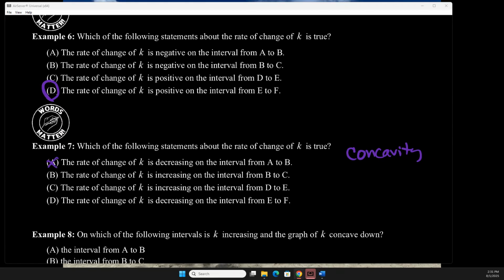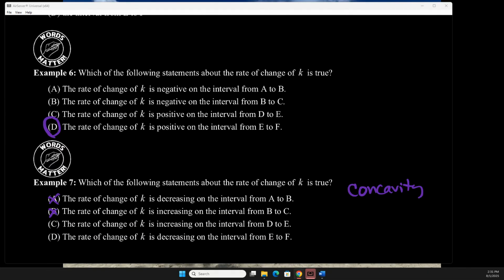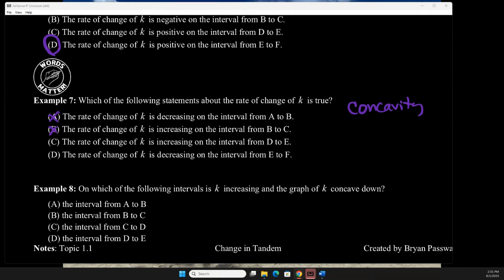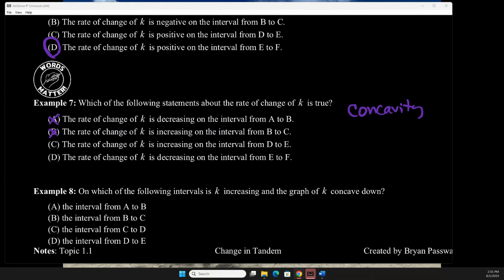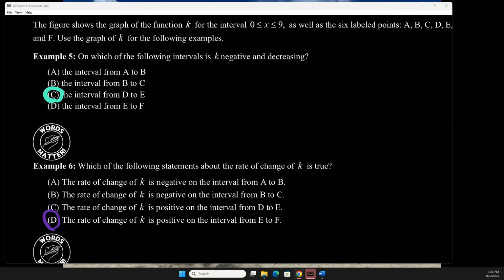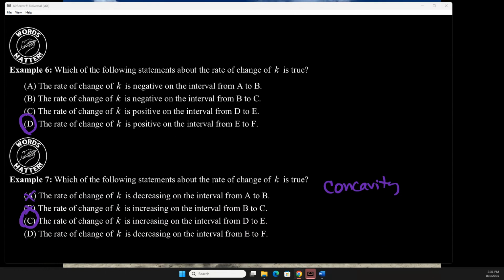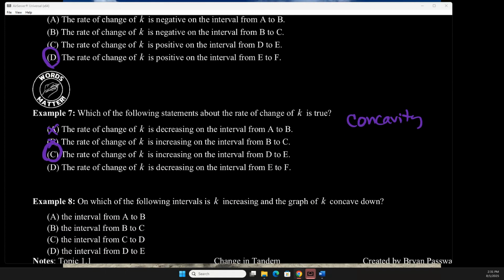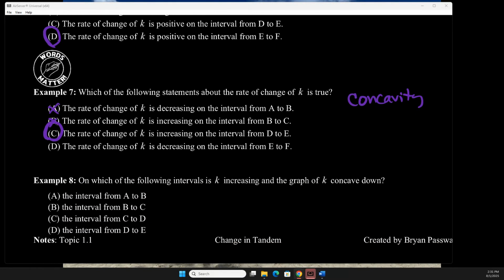No. Is K concave up from B to C? No. Is K concave up from D to E? It is. You're right. It's hard for me to see it. Yeah, D to E. All the way to F, D to F is concave up. Alright, so the answer is D.